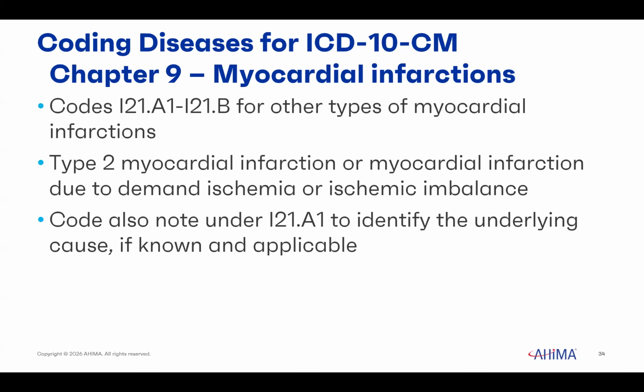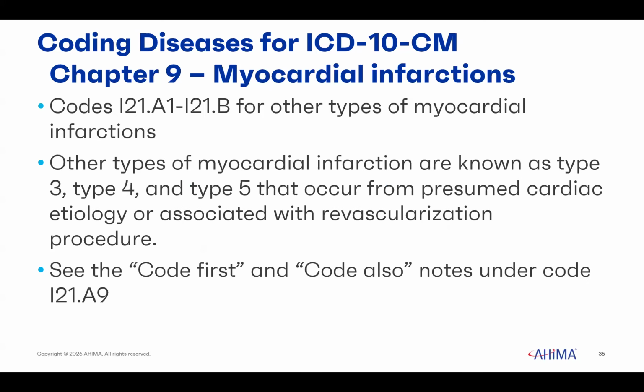Now, this is an important section here dealing with I21.A1 through I21.B, and then we'll get into I22. So pay attention to this next set of slides. These codes cover the I21.A1 through I21.B for other types of myocardial infarction.